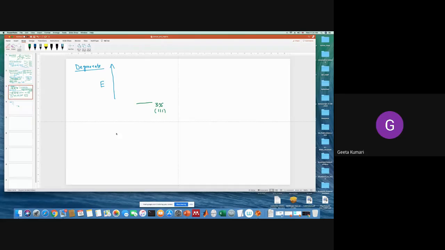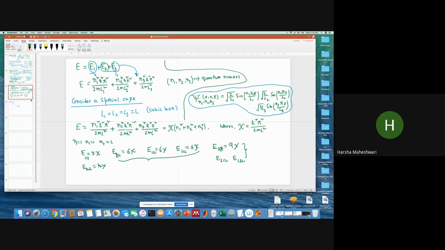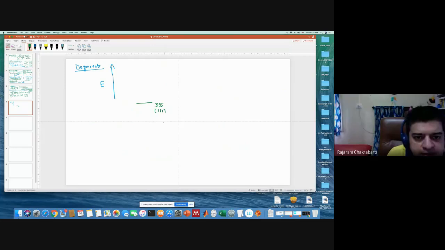Next one was 6 chi, but there are 3, so that level is degenerate. I'll have 3 very close energy levels. This energy is 6 chi, and this is for 112, 121 and 211.